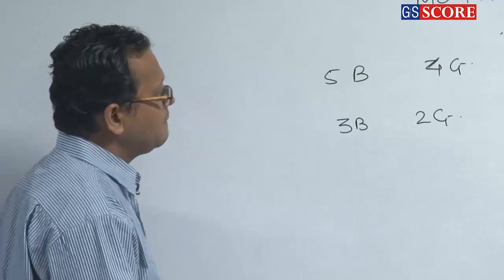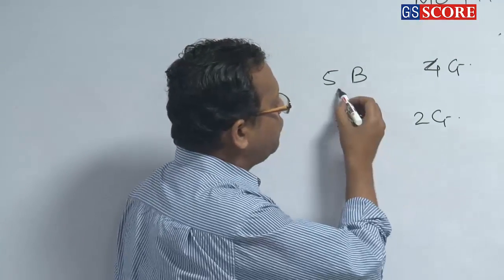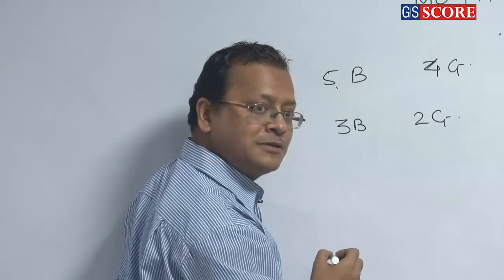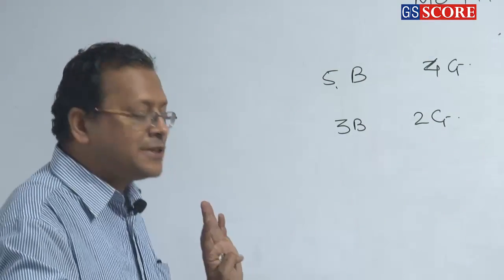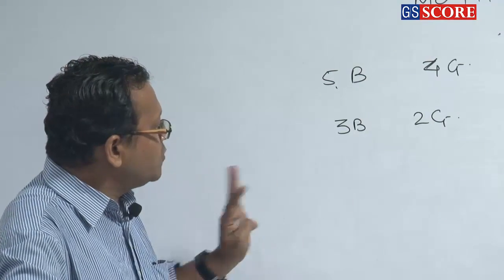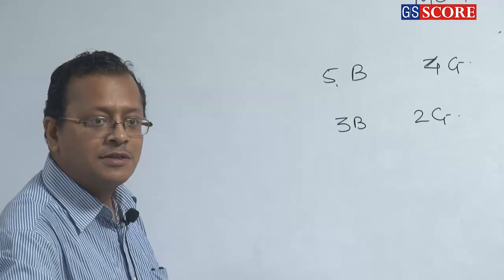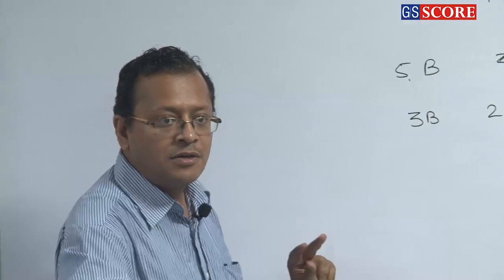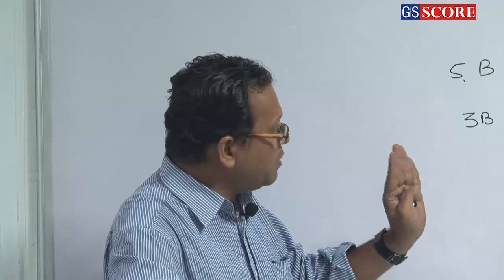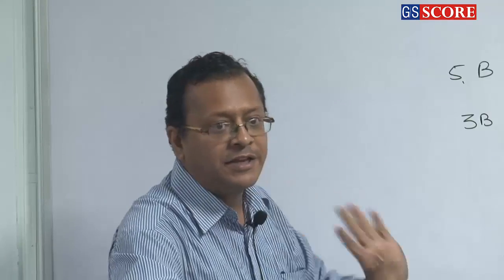If I say from 5 boys and 4 girls, I make a selection of 3 boys and 2 girls, such that 2 particular boys will always be there in that committee.